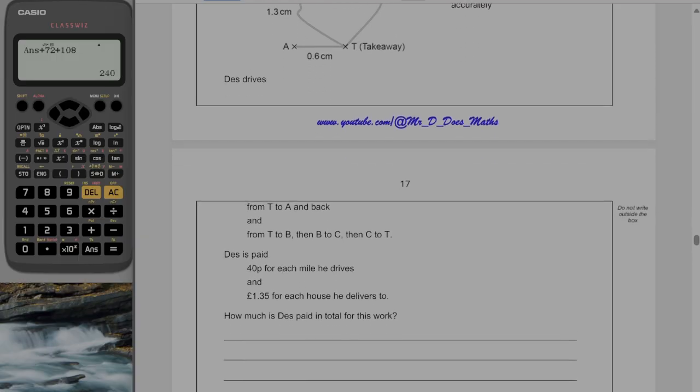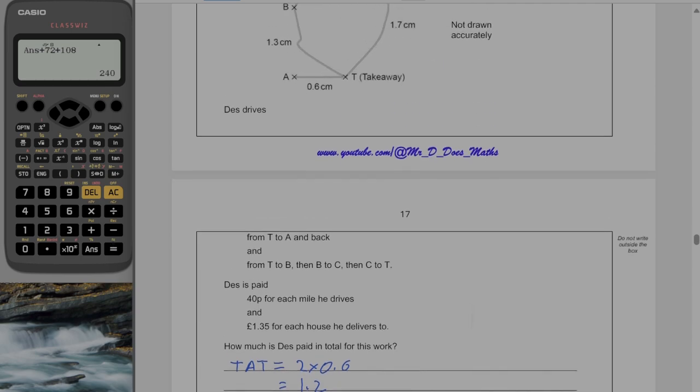Okay, so he's going to drive from there to there. So I'm going to work this in terms of centimeters to start with. So let's say T to A to T is equal to 2 lots of 0.6, which is going to be 1.2. And then we'll do the circular route.